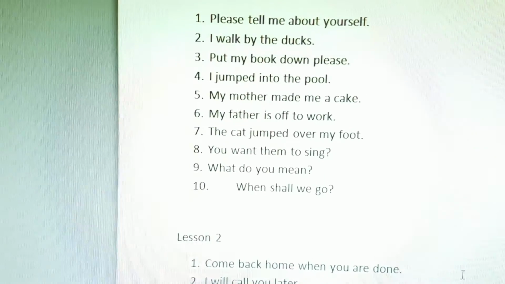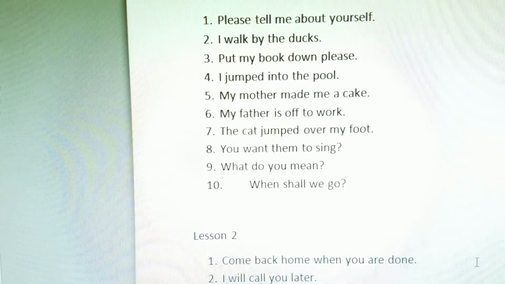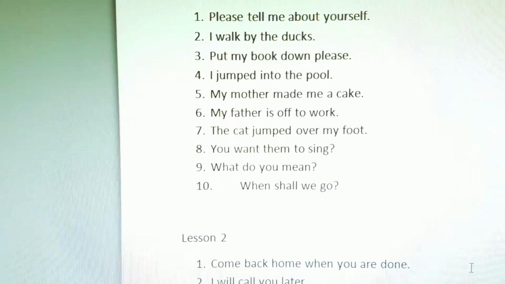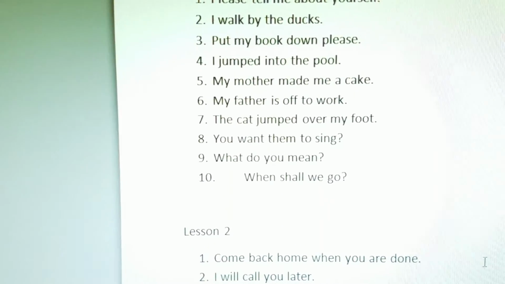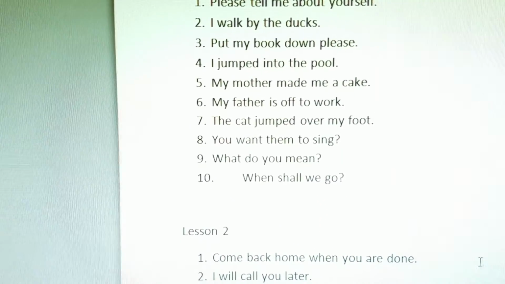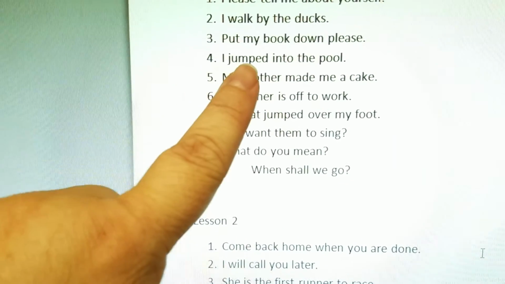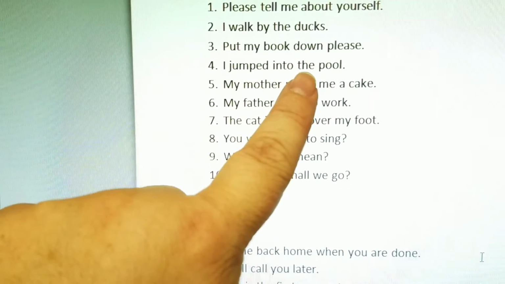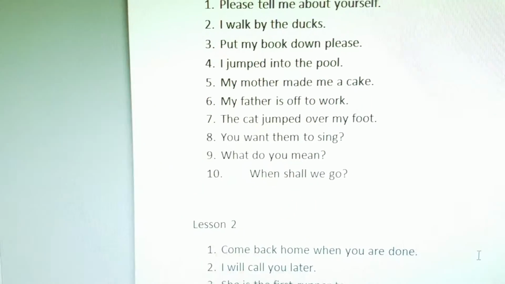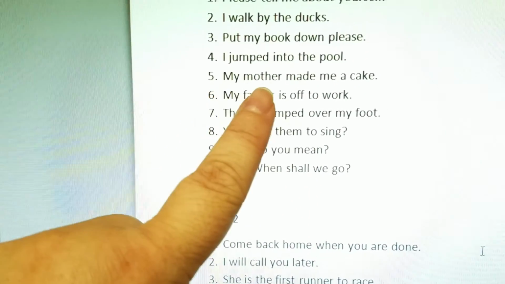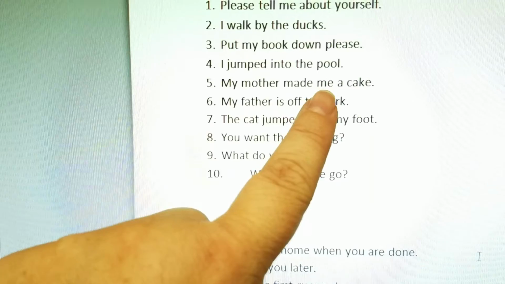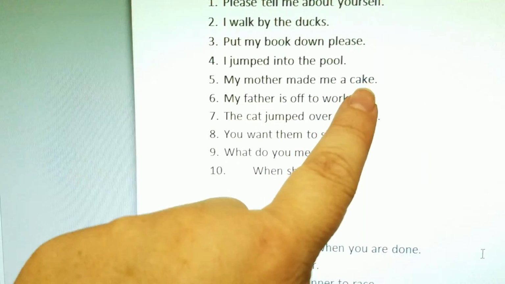If you have any other capital letters in the middle of the word, unless it's a name, it shouldn't be capital, and it could be a name of a person or a building. So the next one is, I jumped into the pool. Number 5, my mother made me a cake.